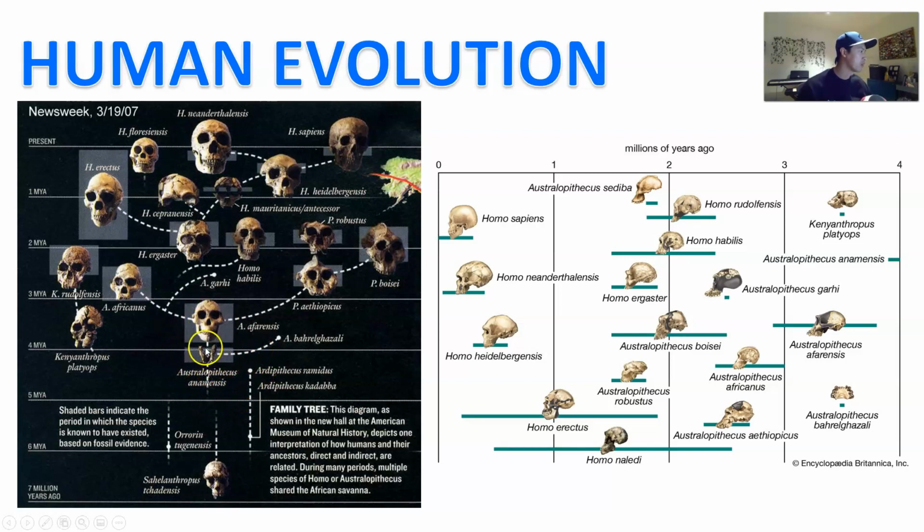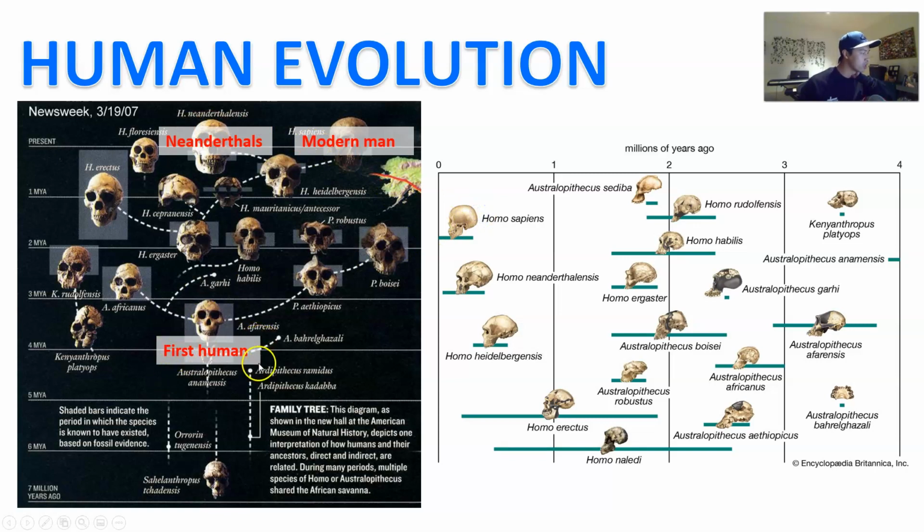And you can see the pattern of branching based on the fossil record. Now, where are we? We are Homo sapiens, which is modern man or wise man, the word sapiens meaning wise. These are Neanderthals, Homo neanderthalensis, sorry. And there is your first human, the Australopithecus.